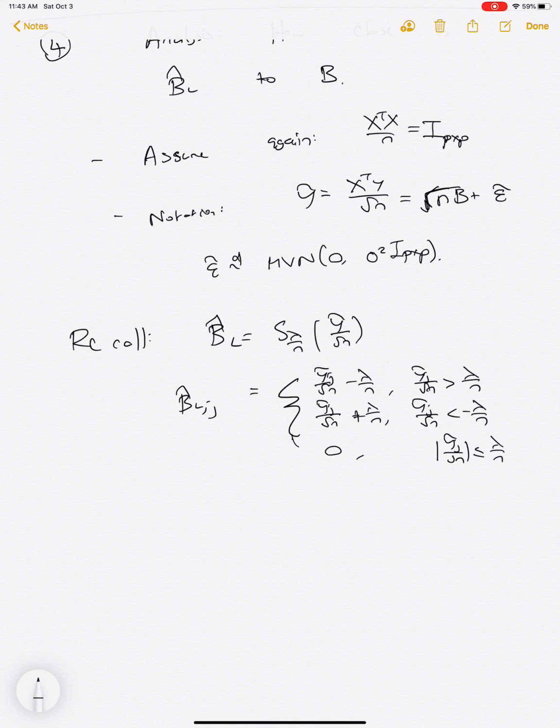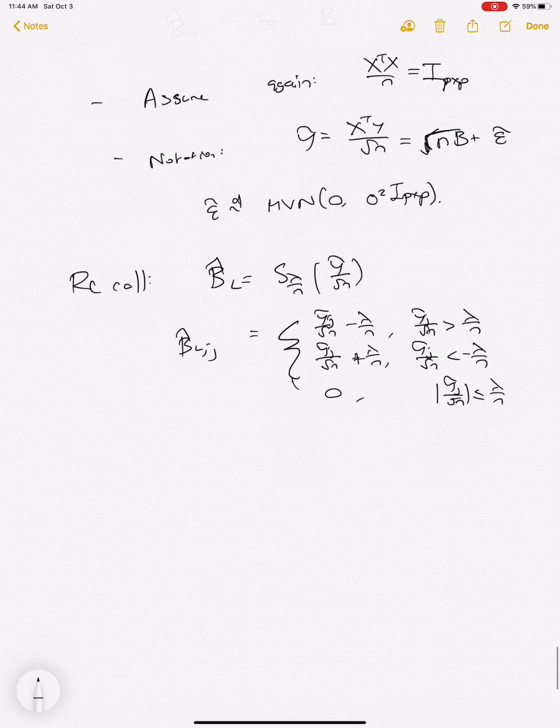And so we have this shrinkage to 0 if the absolute value of y tilde j over square root of n is less than or equal to lambda over n.